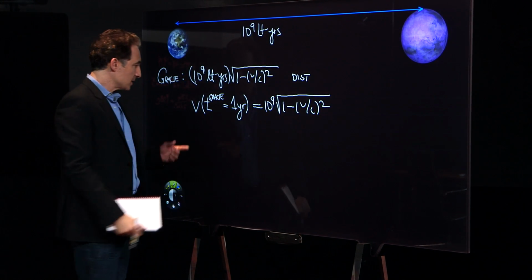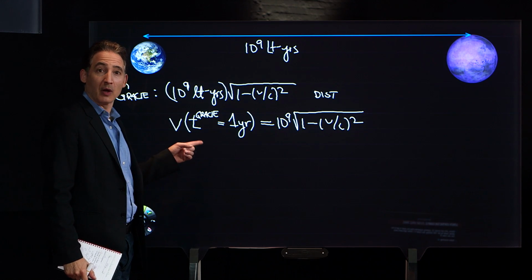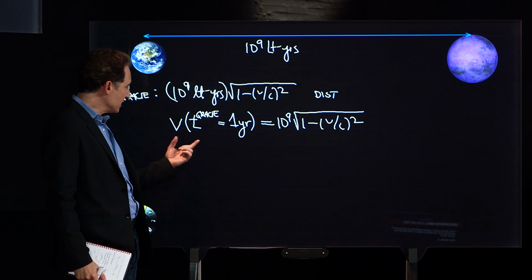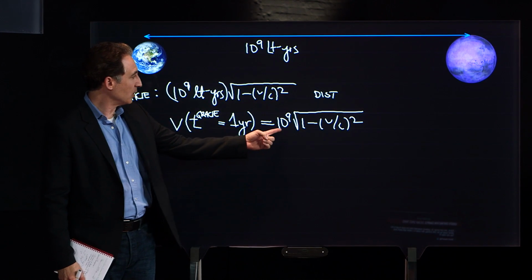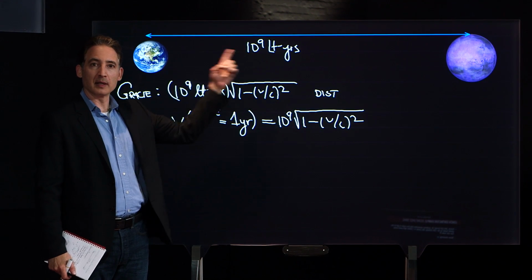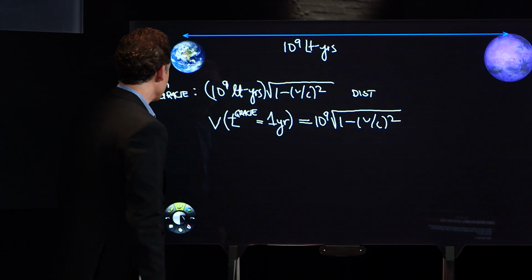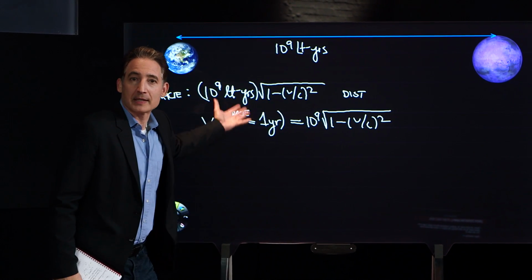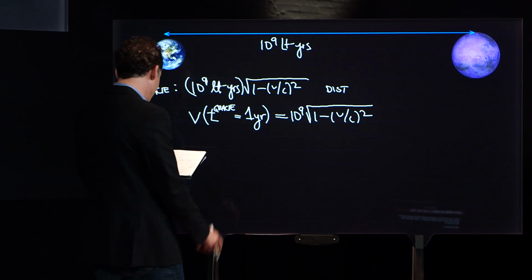So the question is, is there a v such that this equation will hold true, right? So that the distance that she covers, velocity times time in 1 year, will be equal to the Lorentz contracted distance from her view between the two objects. Well, this is just an equation now, right? We can just solve this equation, and it's straightforward to do that.